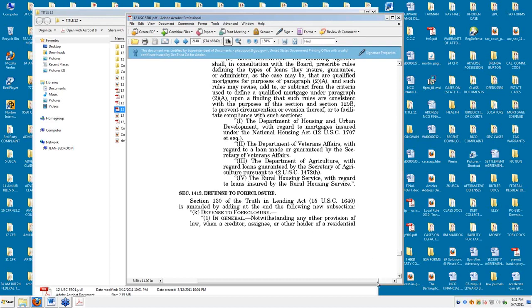Section 130 of the Truth in Lending Act, 15 U.S.C. 1640, is amended by adding at the end the following new section, K, defense to foreclosure.